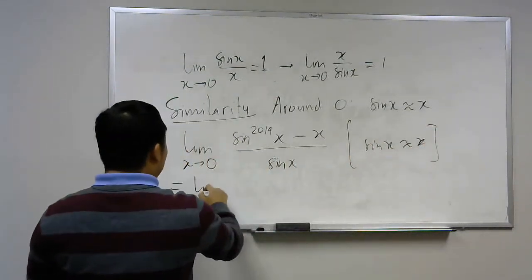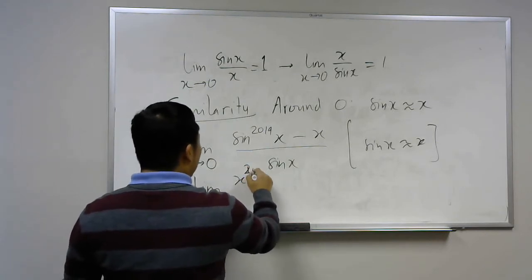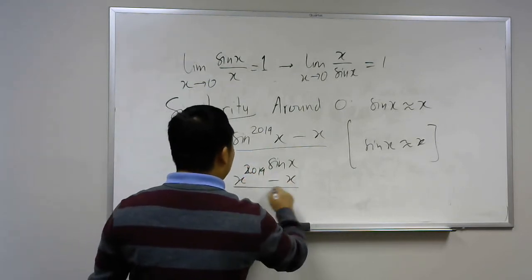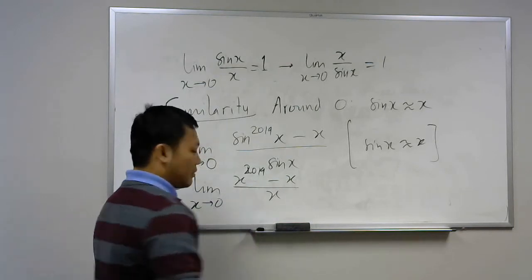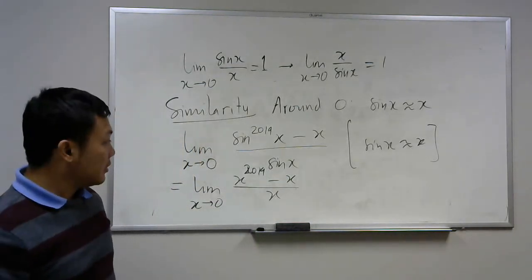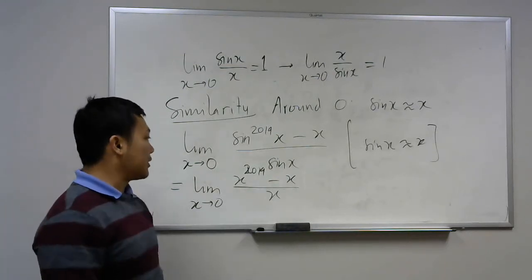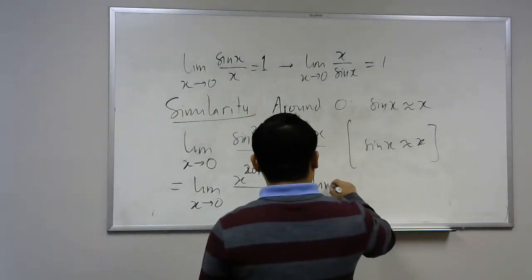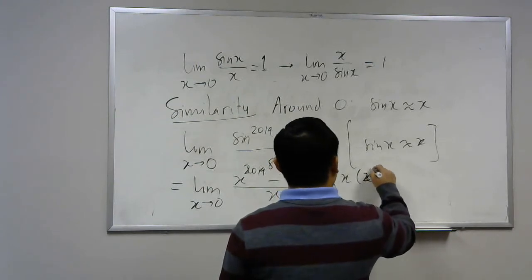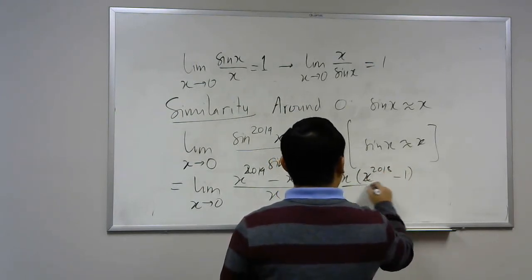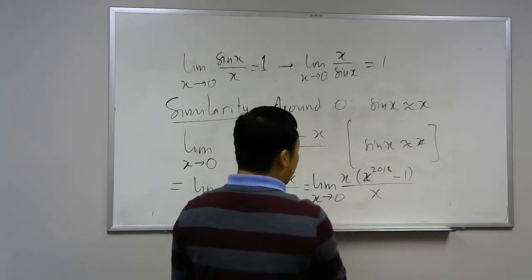I have this limit equal to the limit of x to the 2019 minus x over x when x goes to 0. It's easy, right? Then you factor x on the top and you get the limit of x to the 2018 minus 1, over x, when x goes to 0.